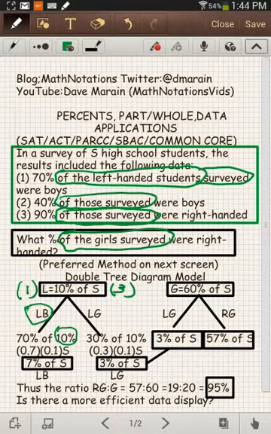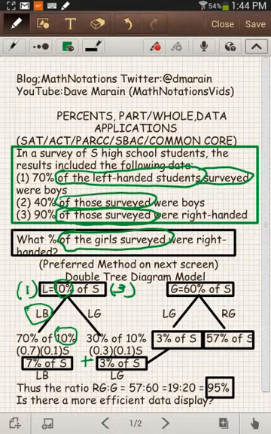Of course, that leaves 3% for the left-handed girls. 7 plus 3 has to equal the root of our tree here, which is sometimes called the node, 10%. But we're going to calculate that to verify it.